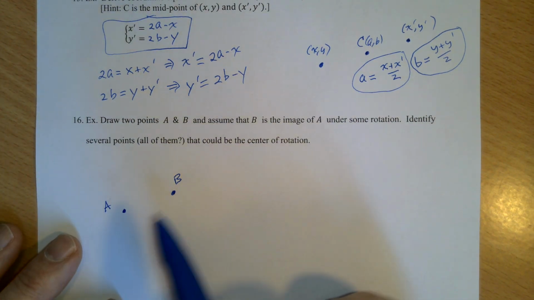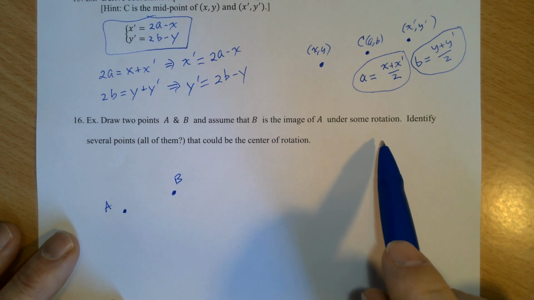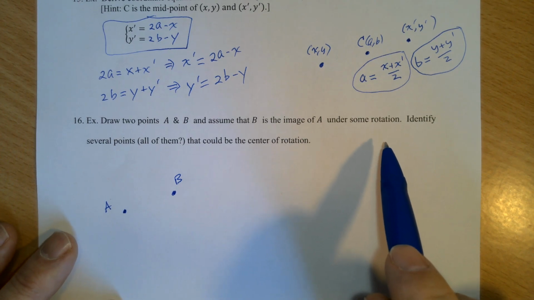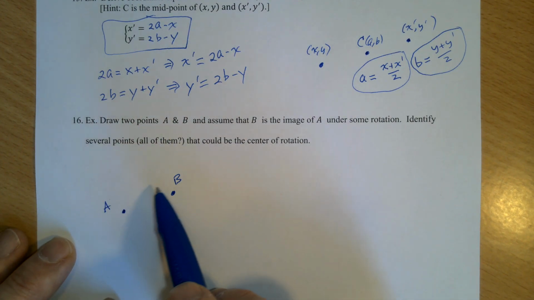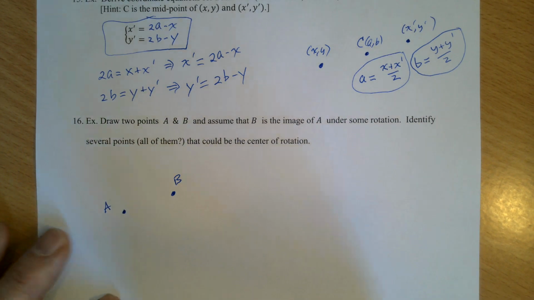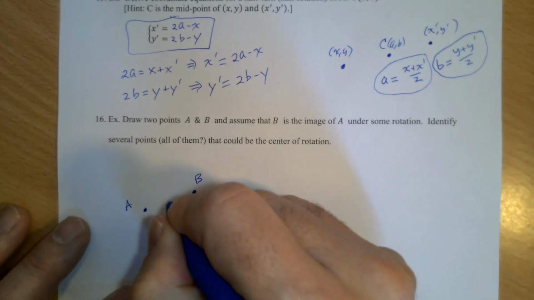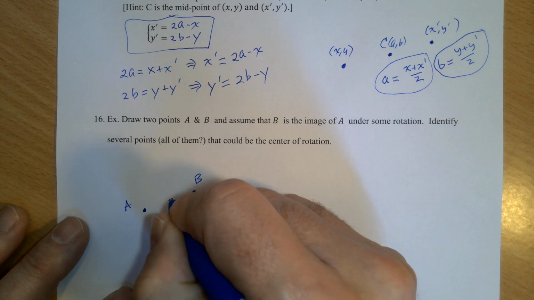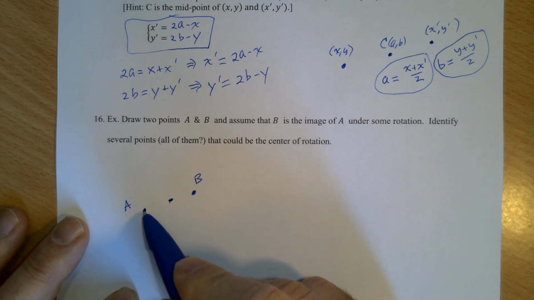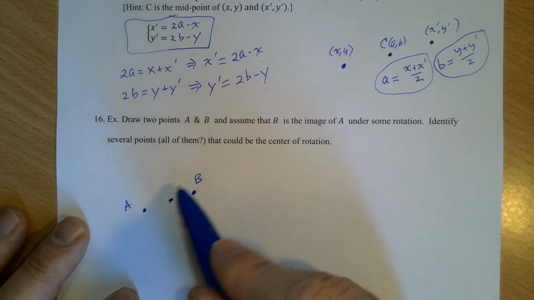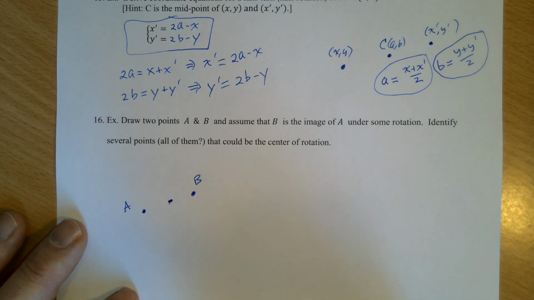We're doing a rotation, and we'll assume this is a rotation about a point. So how could I get A mapped to B if I'm rotating about a point? Well, I know one easy one right here. We had an example like this one already. This point, if you took this as the center of the circle and you rotated around that circle, it'd take A to B if we rotated it 180 degrees.